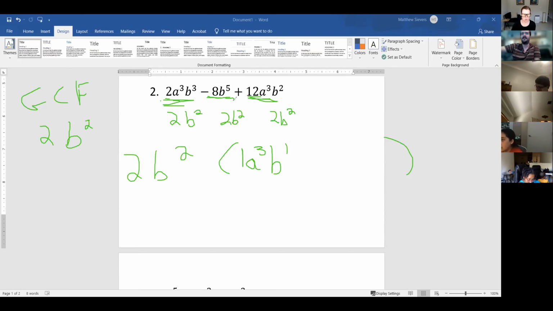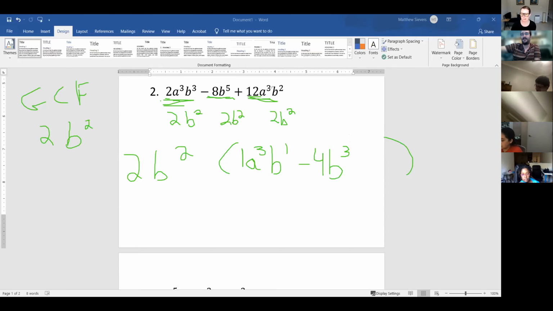The next thing is minus 8b to the 5th, and we're dividing that by 2b squared. So minus 8 divided by 2 is minus 4. And we got 5, we're taking away 2, we're left with b to the third.